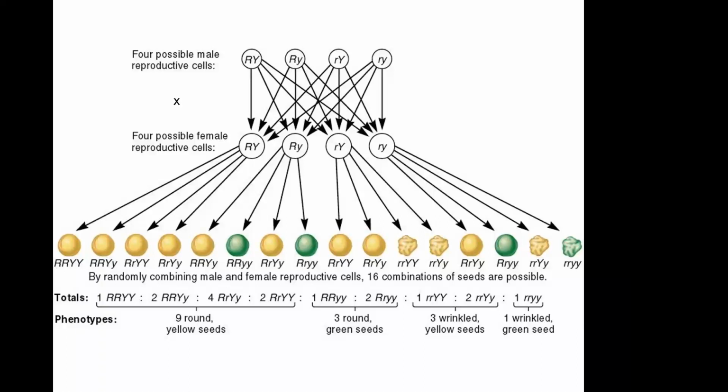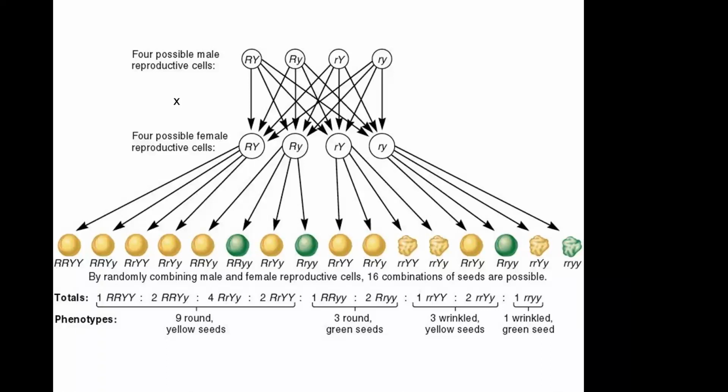Well, if we can do this by math, couldn't we do the same thing with the other one? Three yellow to 1 green, 3 round to 1 wrinkled.